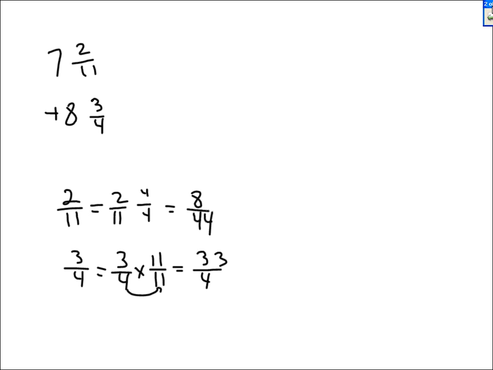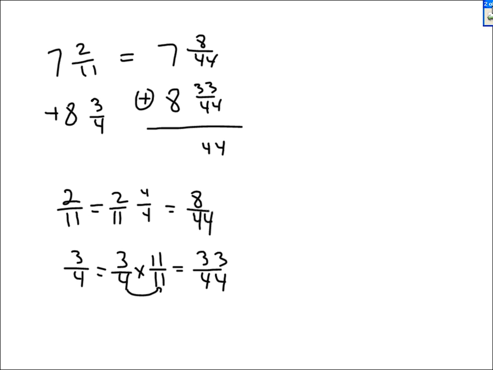So what I'm really adding is 7 and 8 over 44 and 8 and 33 over 44. The fraction parts, the denominators are the same. Add the numerators. 8 plus 33 happens to be 41.